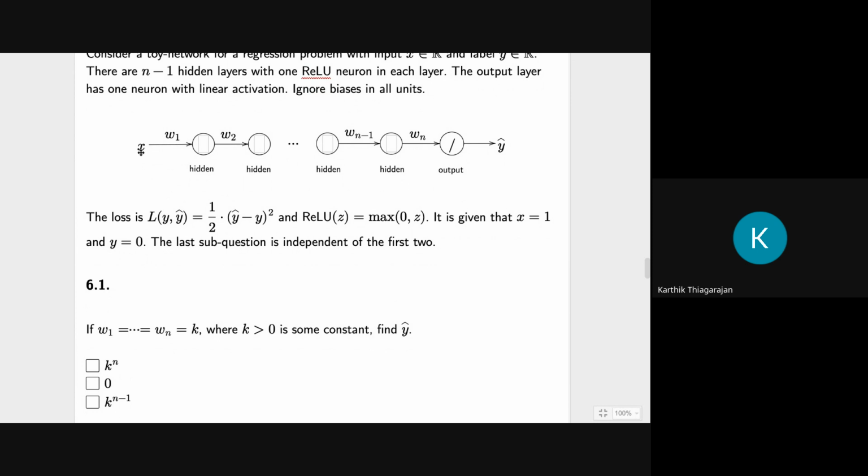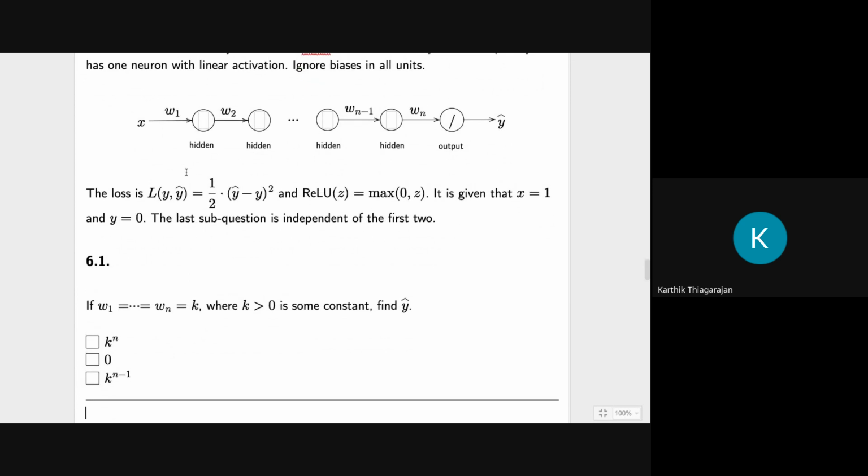Whatever comes in is going to be multiplied by w, so the pre-activation is going to be k, and since k is greater than 0, this is an important point. What will happen if k is less than 0?